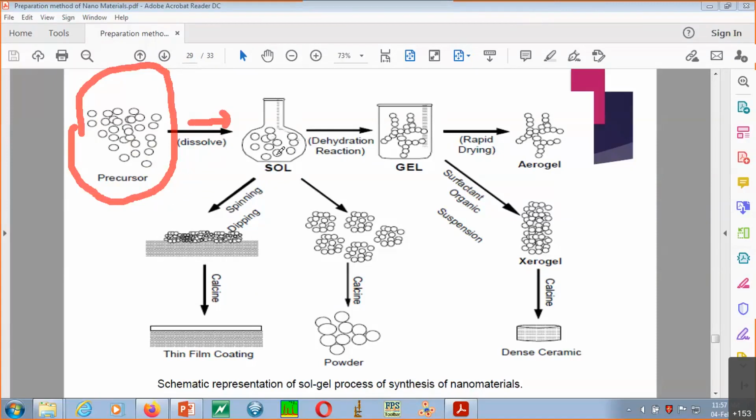In your papers you may have noted that somewhere it is deionized or simply water, or distilled water, or maybe alcohol, acetone, whatever. So that liquid you have to decide as per the material. The main thing is it has to dissolve. It creates the sol जो आपको दिख रहा है यहाँ पर.